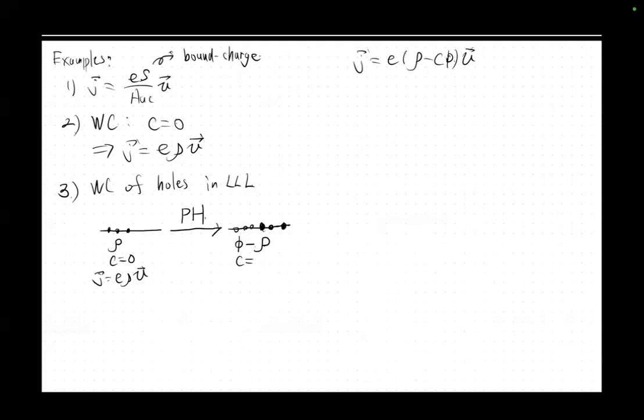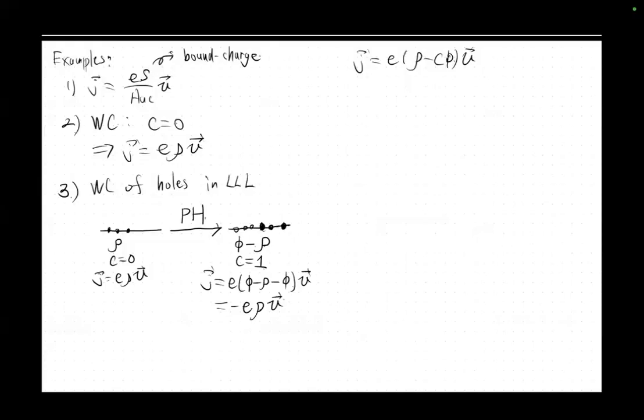C will be 1, because we start from filled Landau level. And then J is now going to be E times phi minus rho minus C, which is 1, times phi. So the phi's cancel each other, and then we see that this is minus E rho V. So indeed, it transforms correctly under particle hole.